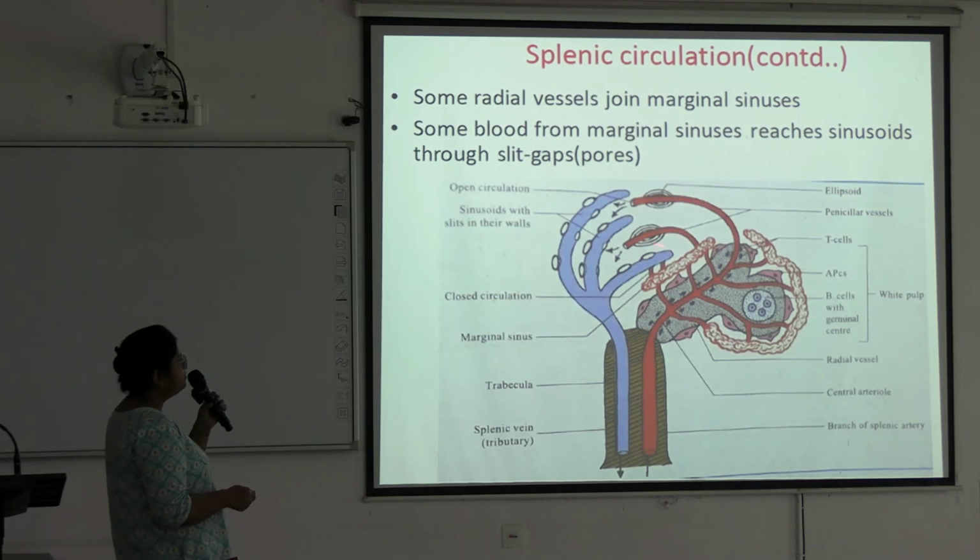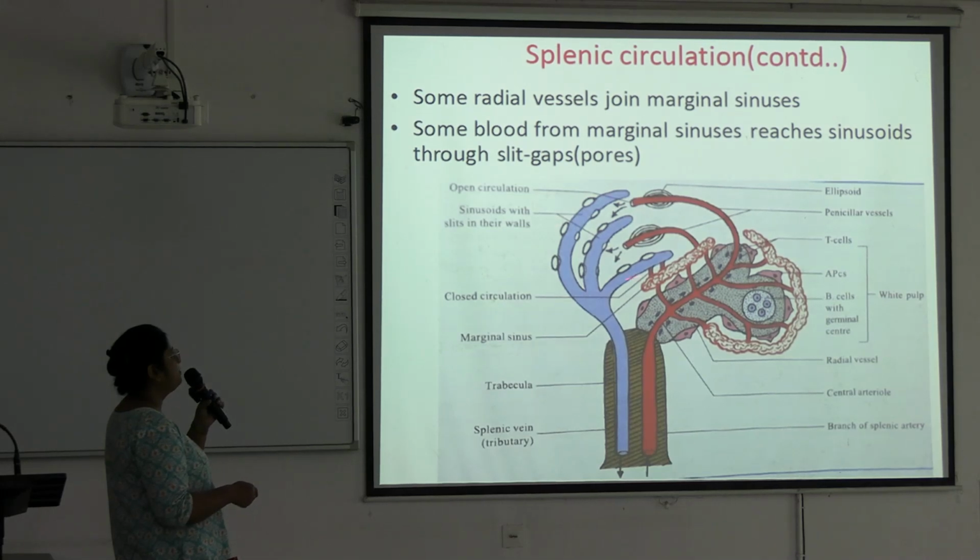Here it is forming closed circulation, and after leaving the periarteriolar lymphatic sheath, it is giving penicillar vessels. Penicillar vessels are surrounded by this ellipsoid, and here it is directly draining into the Billroth cords, and from here the blood is entering into the sinusoids.